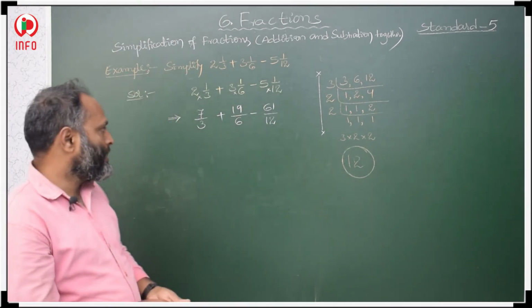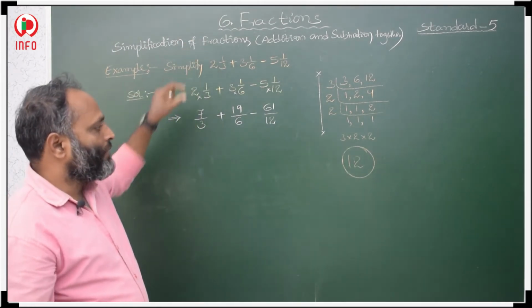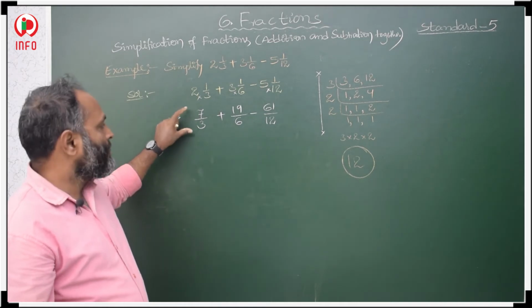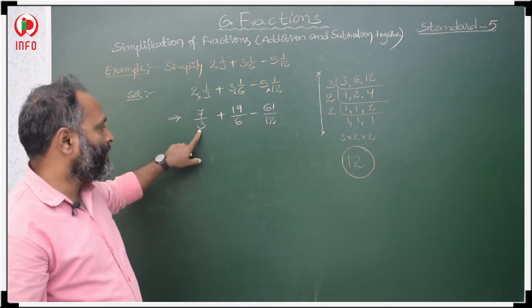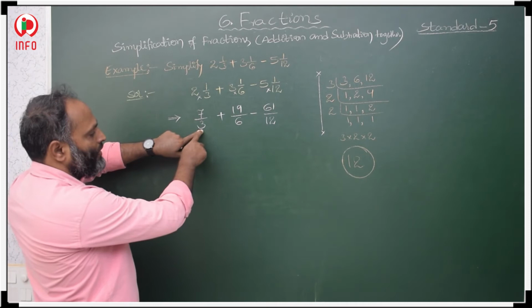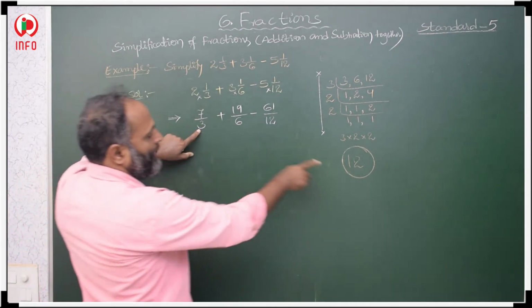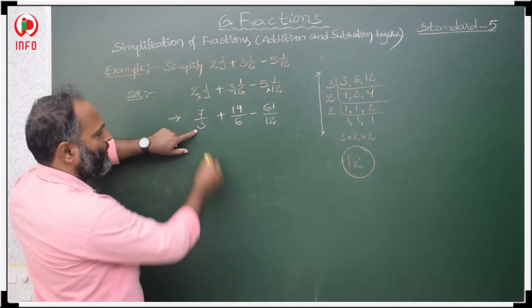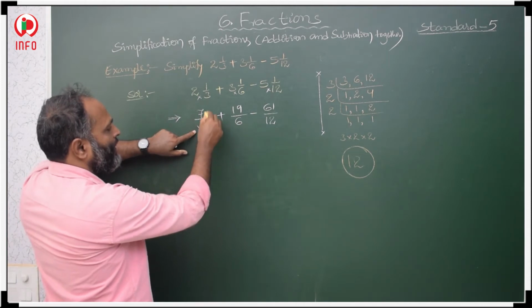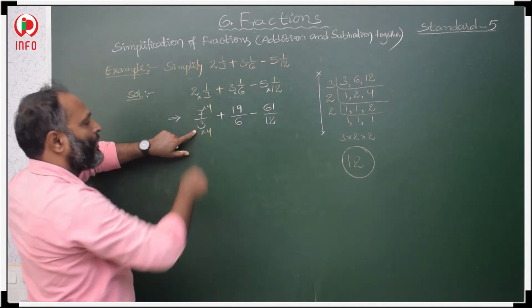Now, what do we have to do after finding the LCM? We take the first fraction's denominator. In the first fraction the denominator is 3. In the 3 table, when will you get 12? 3 4s are 12, so we have to multiply numerator and denominator with 4.